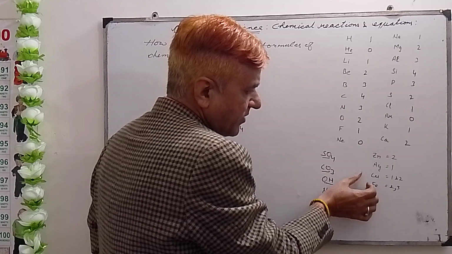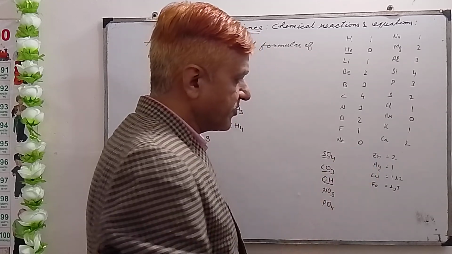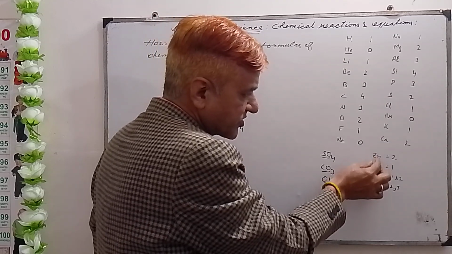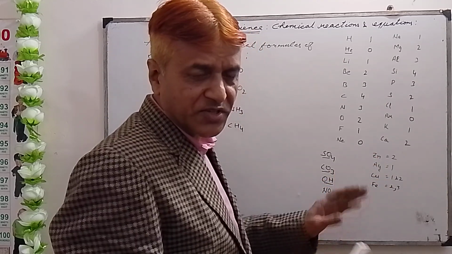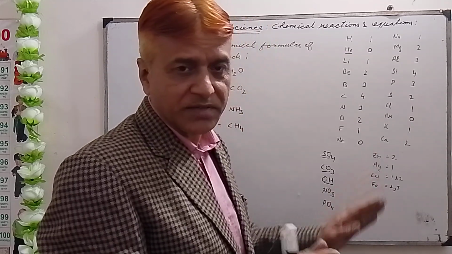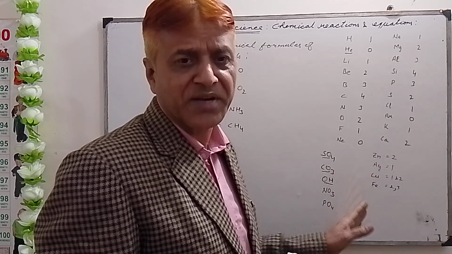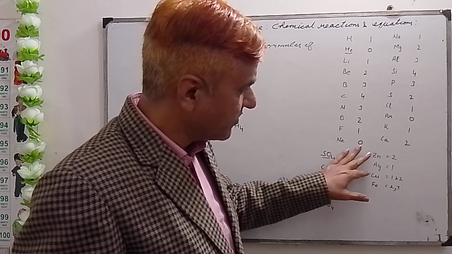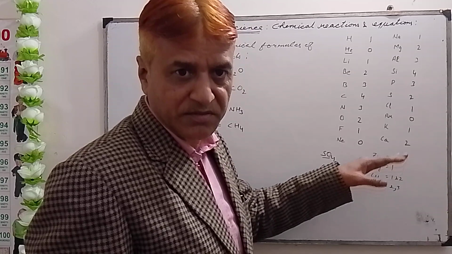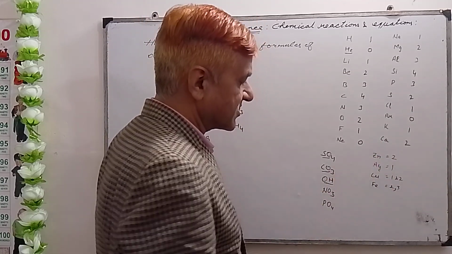You have to learn the valencies of these elements because the compounds of these elements are very frequently used in chapter number 1 and its equations. So that's why I have written their valencies.